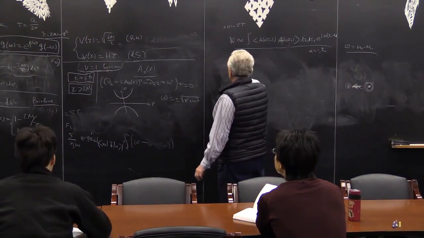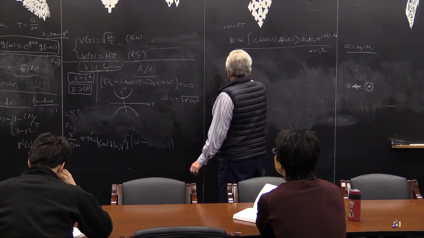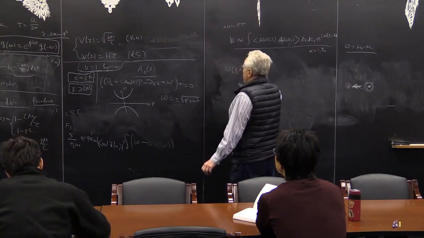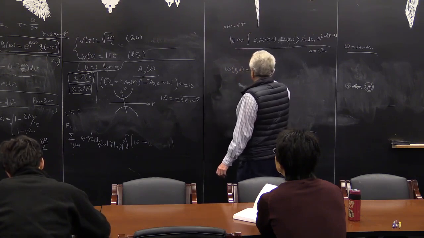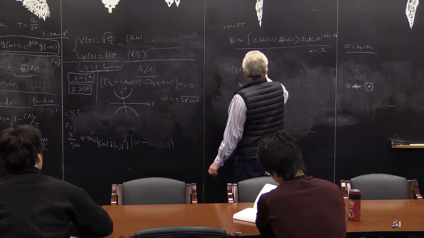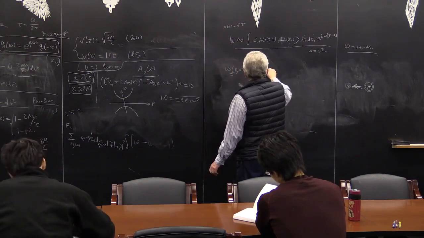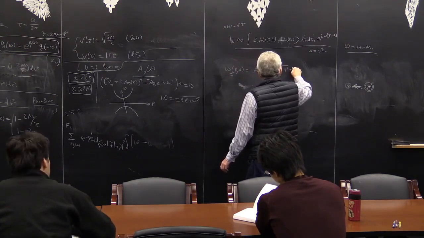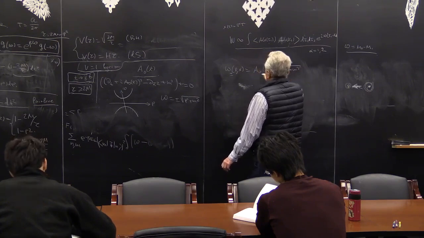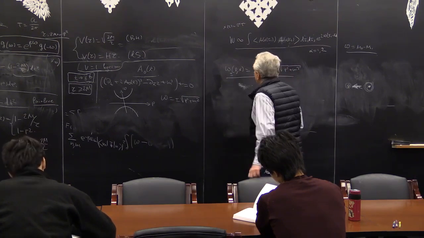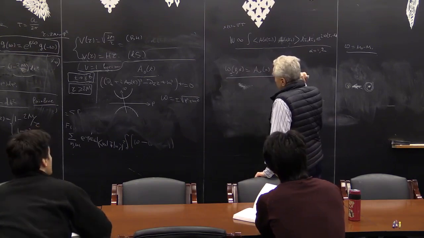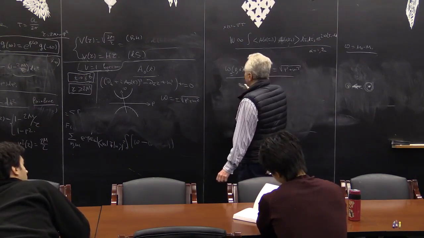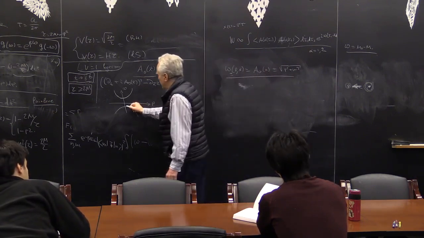If we apply the field, we have the semi-classical expression for omega, which is given by A0 plus or minus omega. And we see that we can actually create a pair.